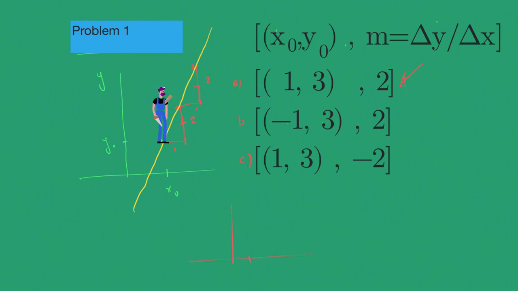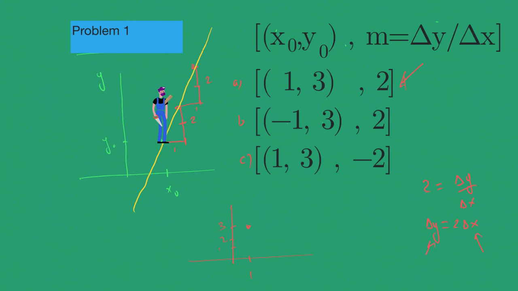For the first case, case A, the initial point is 1, 3, so 1, 2, and 3, you start here, and it says that the slope is 2. What does it mean that the slope is 2? It means that 2 is equal to delta y divided by delta x. So delta y is 2 times delta x. Whenever I move 1 meter, delta y will be 2 meters.